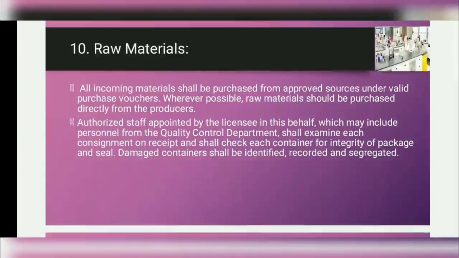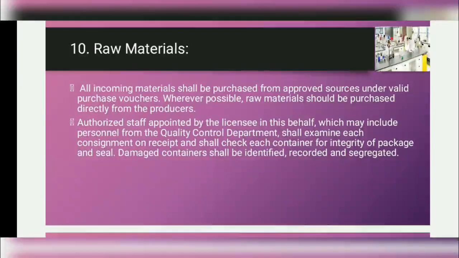The next point is that authorized staff appointed by the licensee, who may be a person from the quality control department, must examine each consignment on receipt and should check each container for integrity of package and seal.